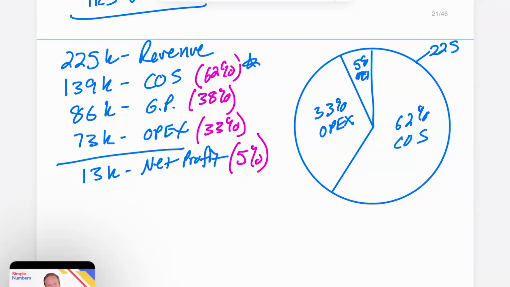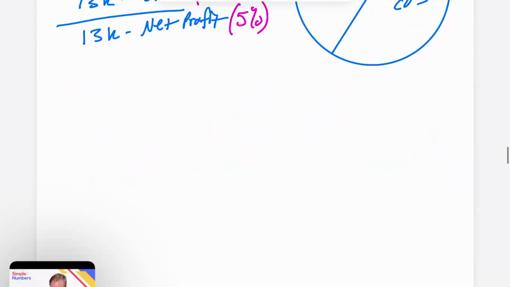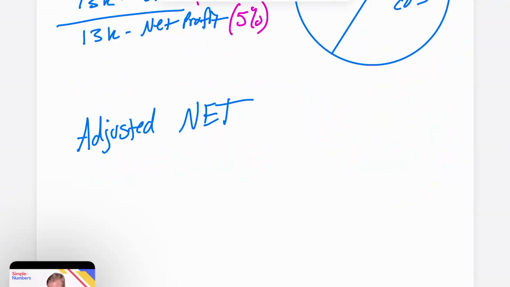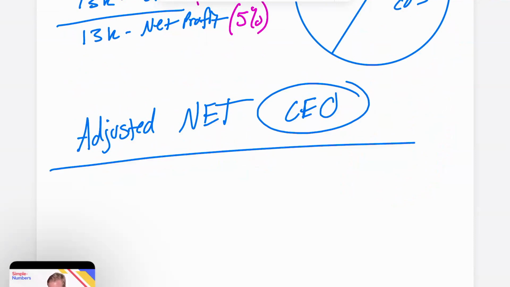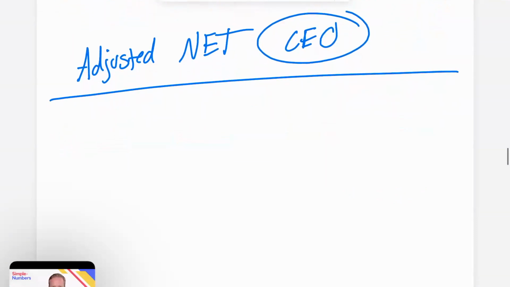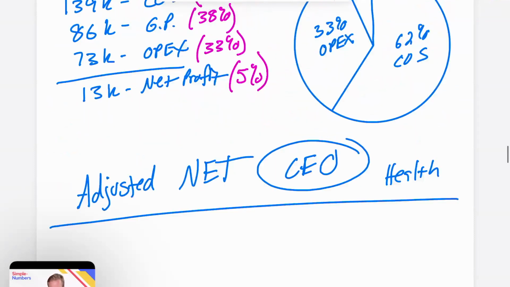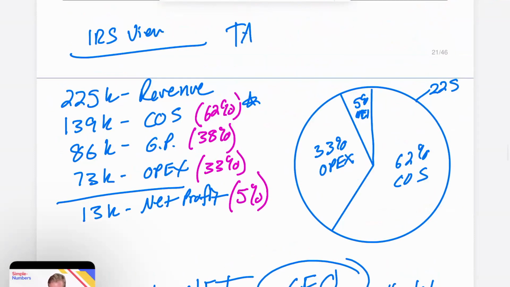So when we adjust for those two things, here's what the actual numbers look like. We're going to call this the adjusted net profit. This is the view of the CEO, not the IRS. The whole purpose of this is to really truly understand the health of the business, not just the tax consequences. Again, up here, the IRS view is all about taxes.